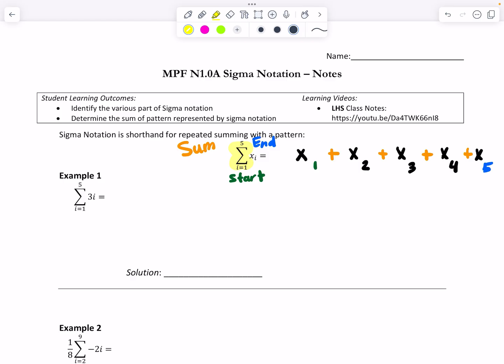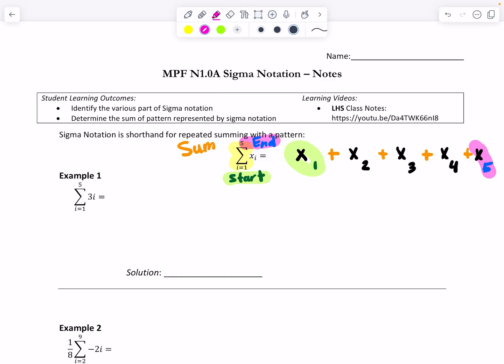Now, remember, it told me to start at the first term and end at the fifth term. And I just add those numbers together and figure out what the total is. So that's just generic. Let's look at an example.